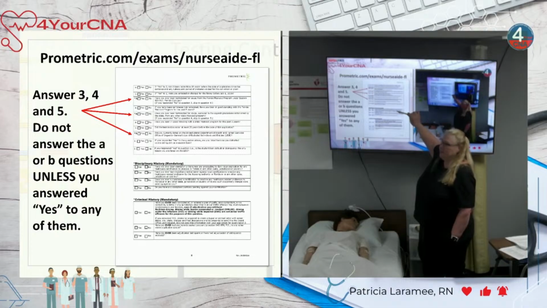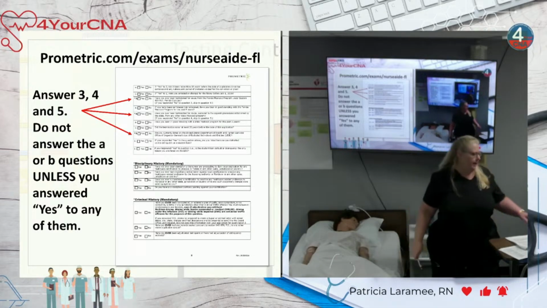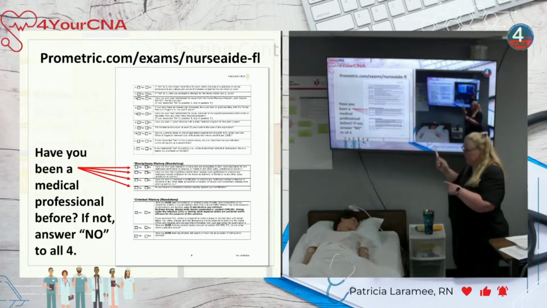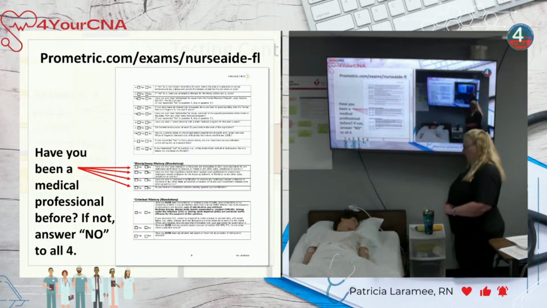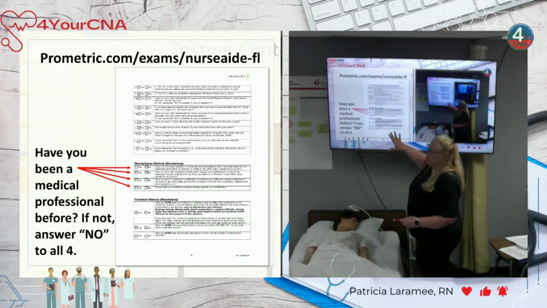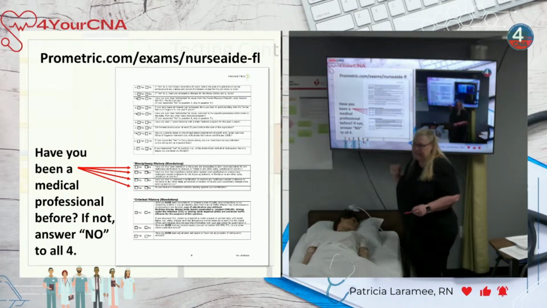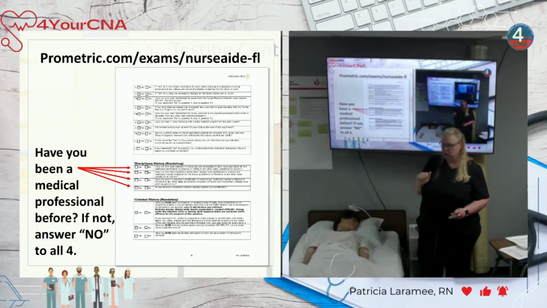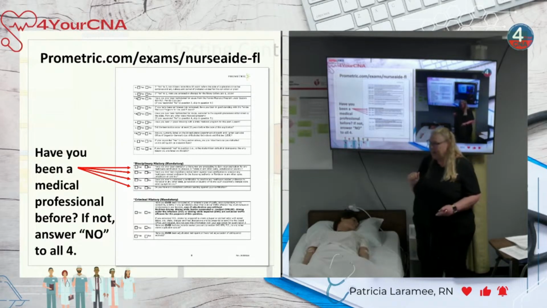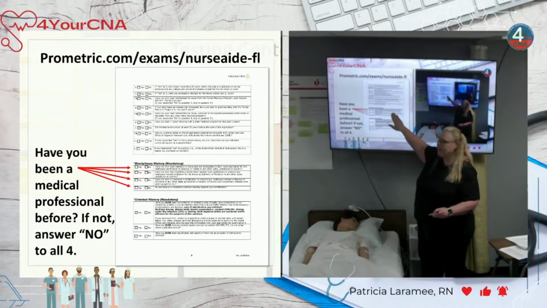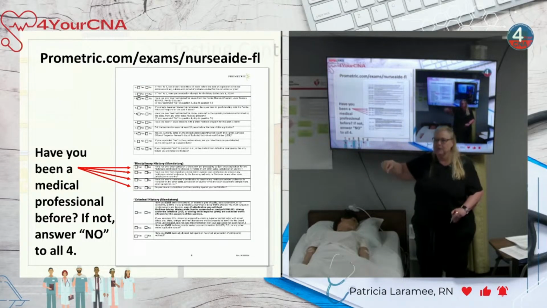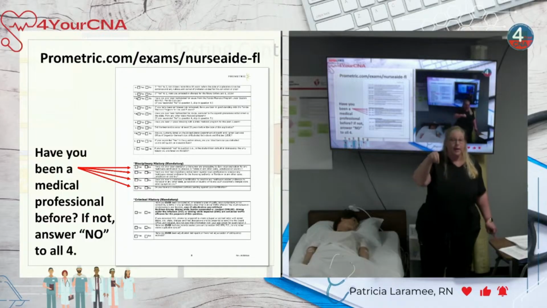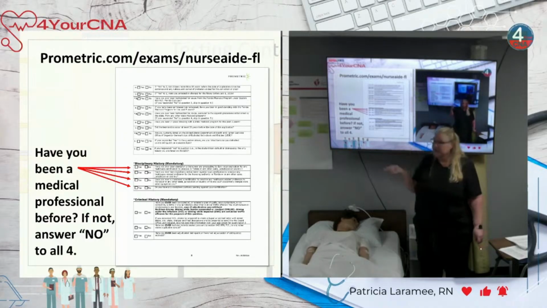All right, now let's go down to disciplinary history. What this means, they want to make sure that you weren't a CNA in Indiana, knocked around some old people, got your certification taken away, and decided to move to Florida and do it here. So what this is asking is, have you ever had disciplinary action taken against a medical certification in Florida or any other state?